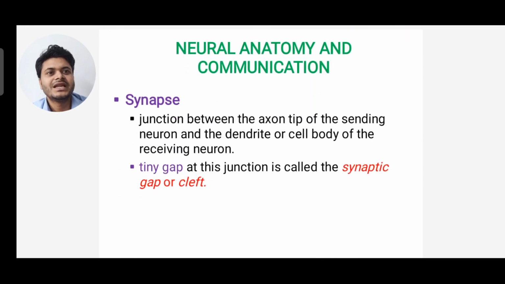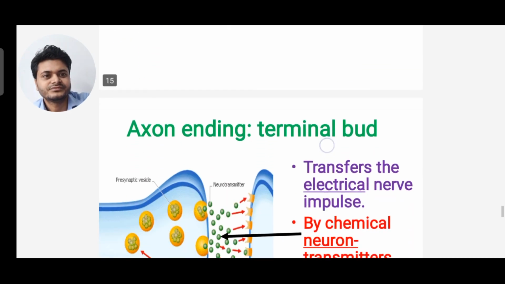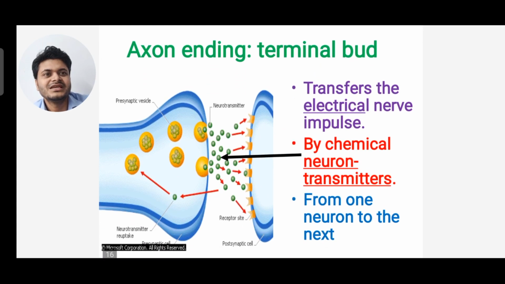Next we have neural anatomy and communication. So what is synapse? It's a junction between the axon tip of the sending neuron and the dendrite or cell body of the receiving neuron. The tiny gap at the junction is called synaptic gap or cleft. You can see the axon ending or terminal bud, the presynaptic vesicle and the neurotransmitter.